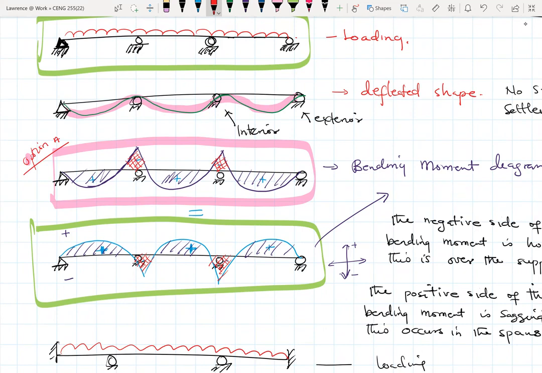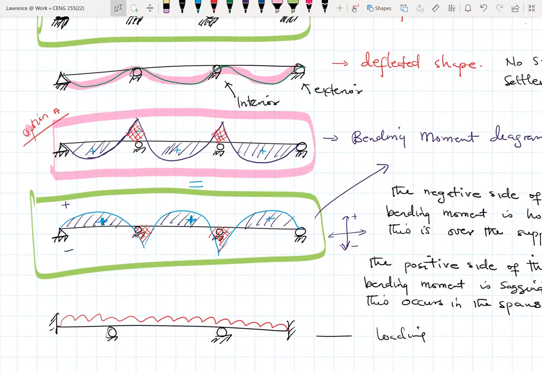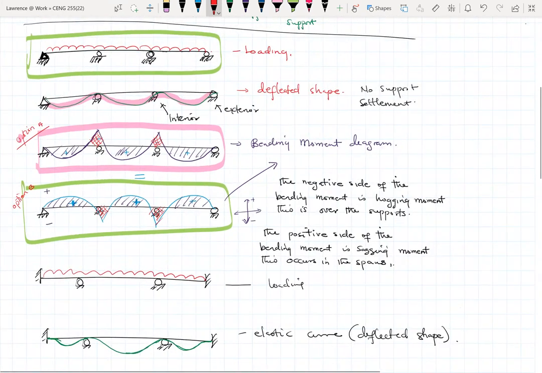So some people just prefer that because when looking at the deflected shape, there's conformity with that. But because we have been working with option 2, or option B, throughout this course and in first year basic structures, we are most likely going to go with option B. All right, so that we just work with conformity.